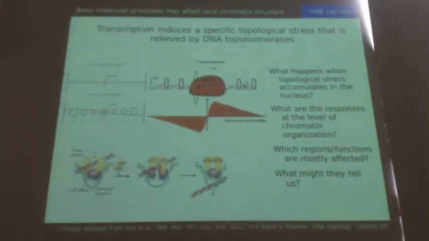So even if it's the polymerase that moves or the DNA that moves, because now we know that there is a very great likelihood that the polymerase is stable and the DNA is moving, I'm talking about the polymerase going around the DNA.